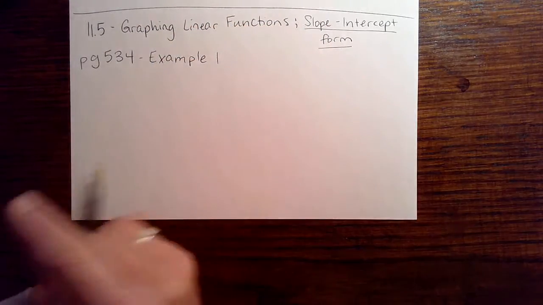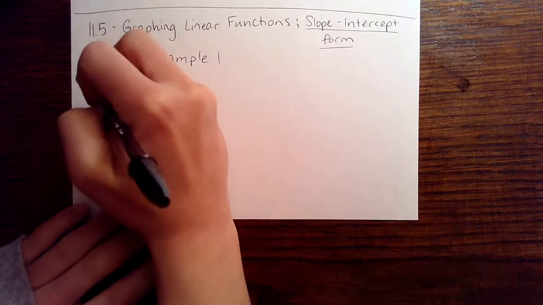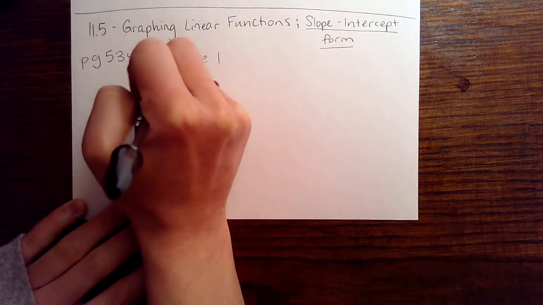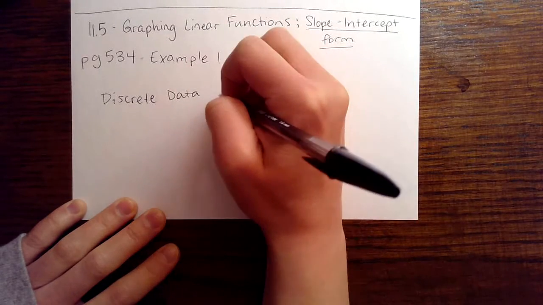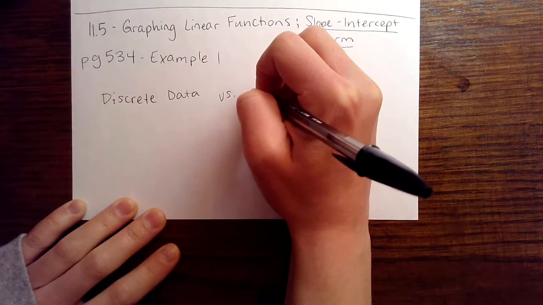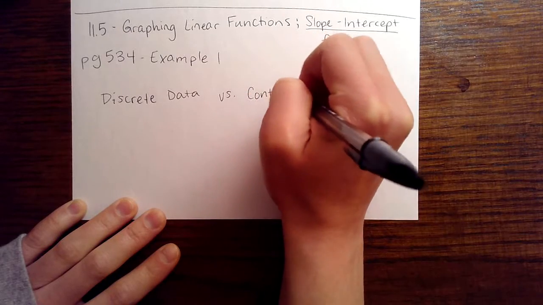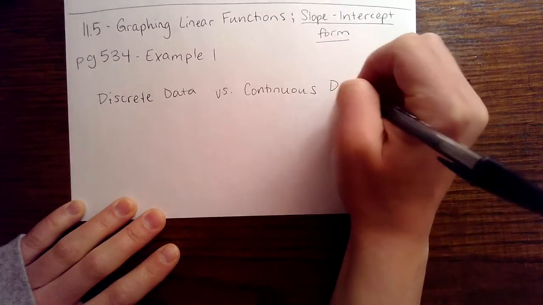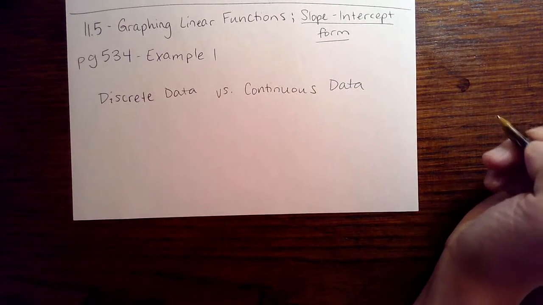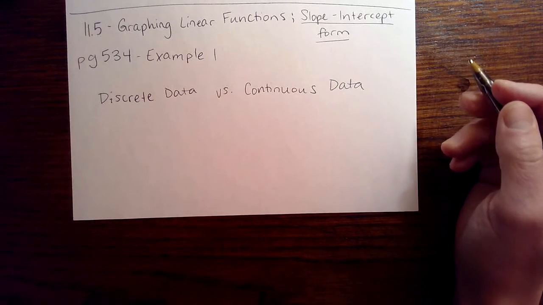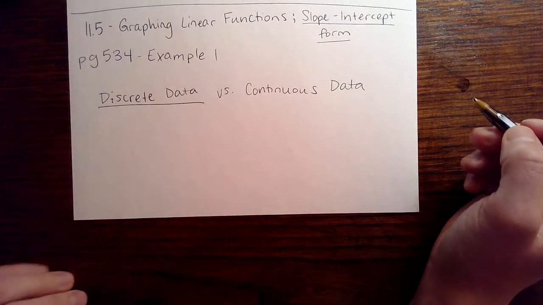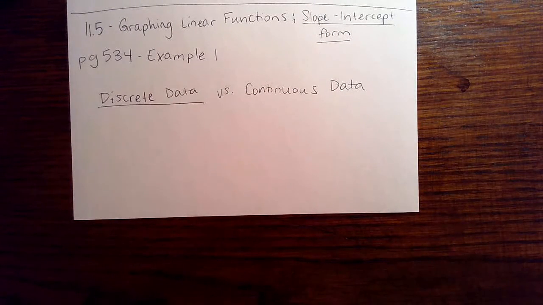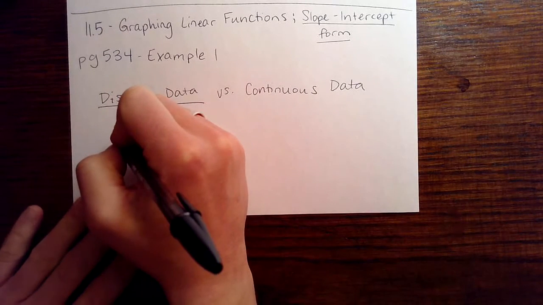Example 1 brings up discrete and continuous data, and I just want a quick example to help us compare discrete data versus continuous data. For this example, I'm just going to think about things we can buy. An example of discrete data, numbers on a graph that are a count of items, would be buying milk.